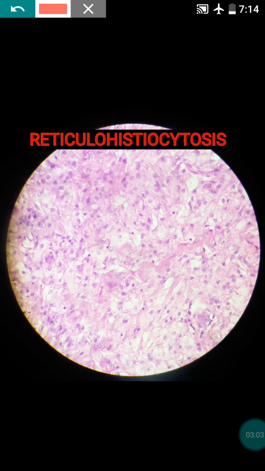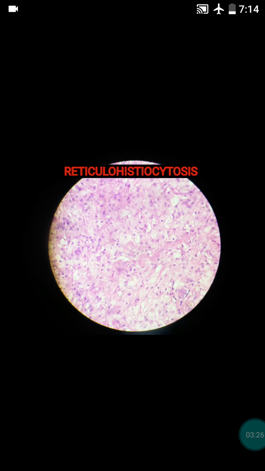You can clearly see the granular eosinophilic cytoplasm in the macrophages, right? All these are macrophages with clear cytoplasm. Just see that cell. Here also the cytoplasm is very clear, and in some it is oncocytic, eosinophilic, granular. So this is regarding reticulohistiocytosis.